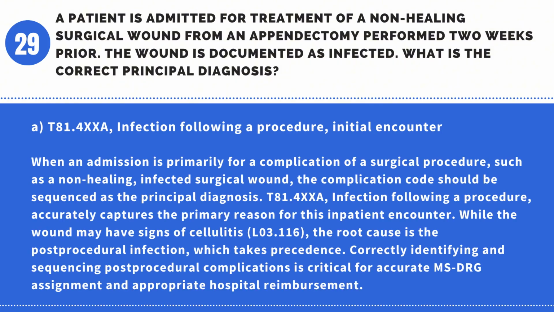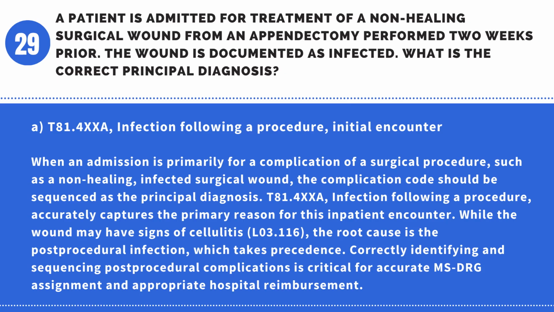Answer. A. T81.4XXA, infection following a procedure, initial encounter. Explanation. When an admission is primarily for a complication of a surgical procedure, such as a non-healing, infected surgical wound, the complication code should be sequenced as the principal diagnosis.